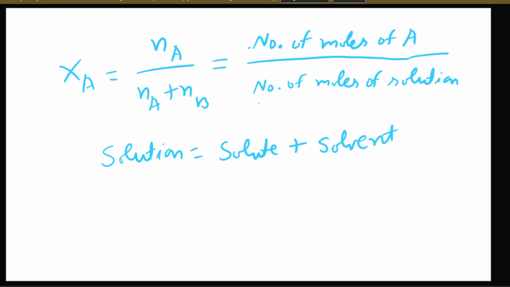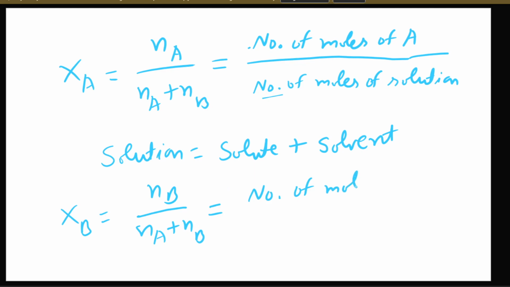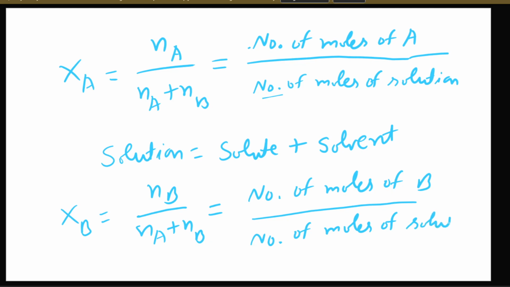So this is the total number of moles. So xb is equal to nb by na plus nb, which is the number of moles of B divided by the number of moles of solution. This is the mole fraction of the solute and solvent.